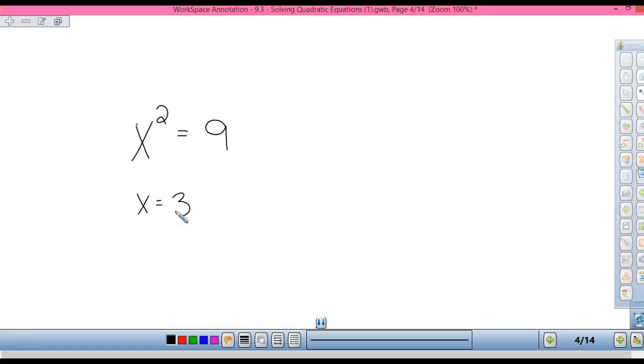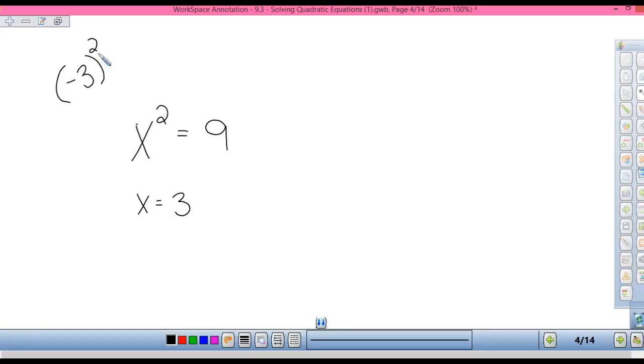This is part of your notes. But there's also something else squared that gives us 9. If I take -3 and I square it, what do I get? 9. So what else works for x? -3.